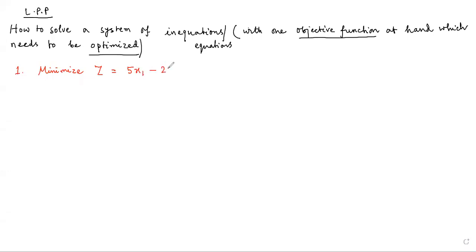So I'm giving you the function which is 5x1 minus 2x2, and subject to some constraints or restrictions given by the inequation 2x1 plus 3x2 greater than or equal to 1, and x1, x2 greater than or equal to 0. So this is the problem.